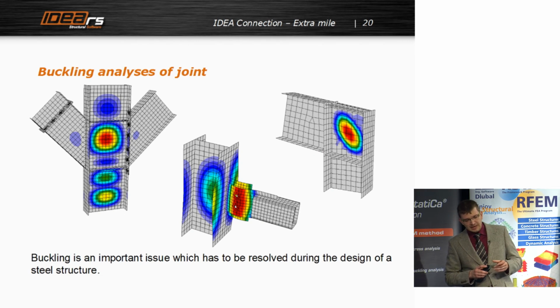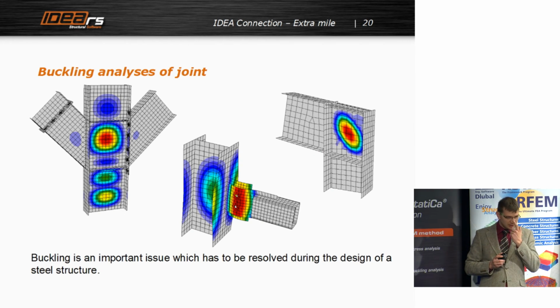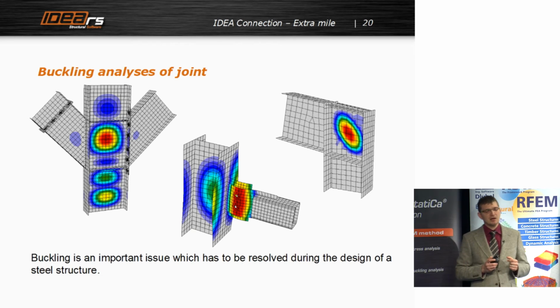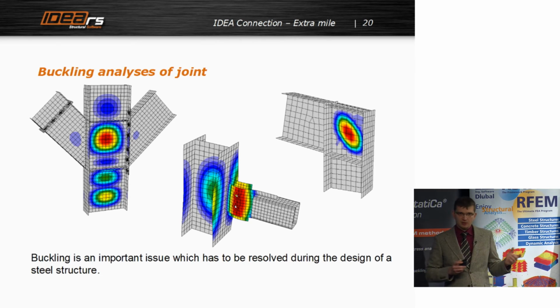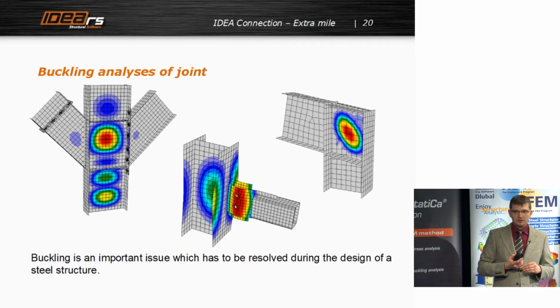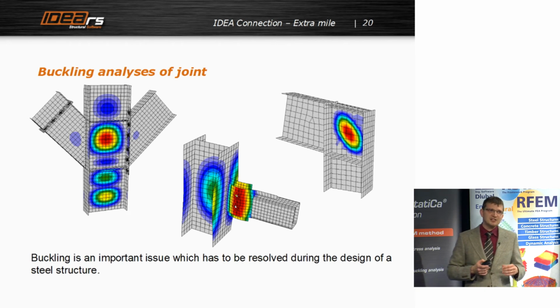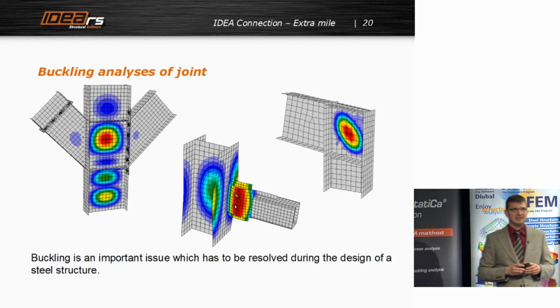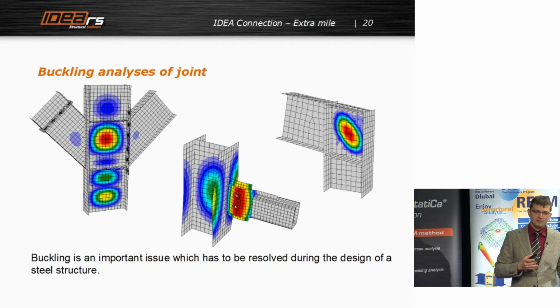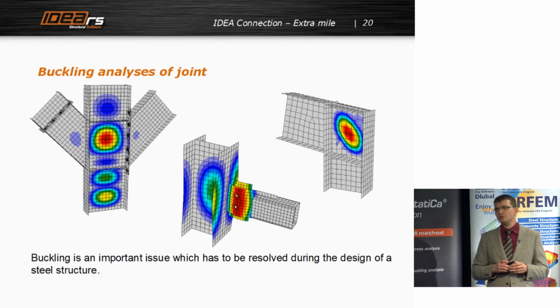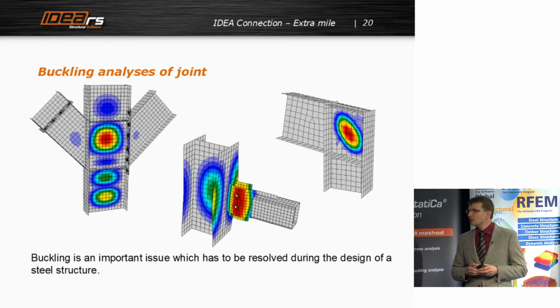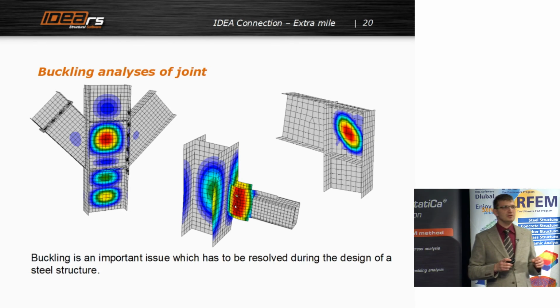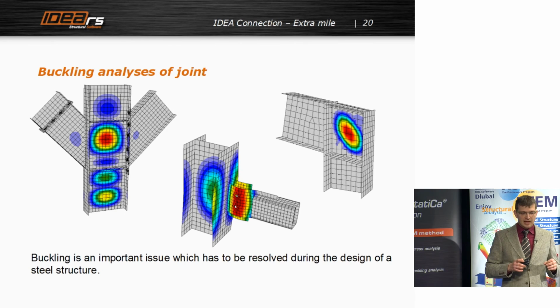Then the next feature which is implemented is buckling analysis of the joint. You know, buckling is, I would say, essential in design, something you need to take into account when you design steel structures. But it's not so common that you analyze the buckling inside the joint.